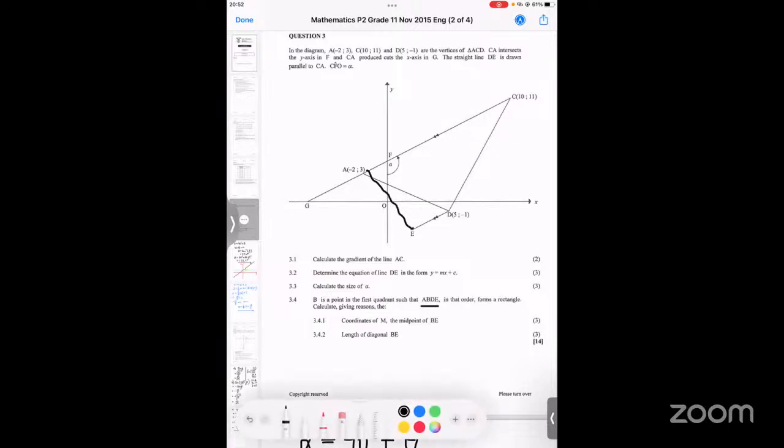Let me try to form that rectangle so that you will have an idea of what's going on. Okay, there. And then maybe having another point like that.